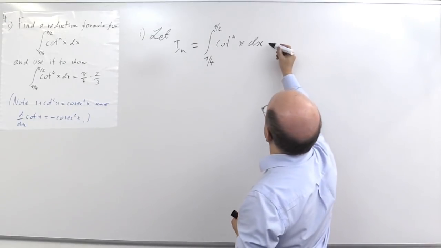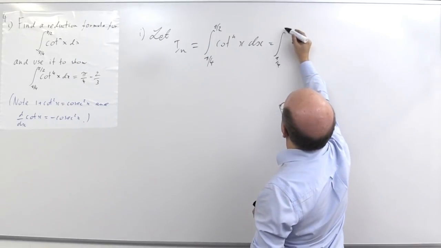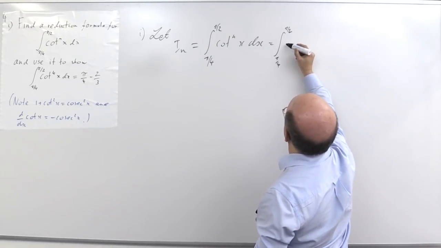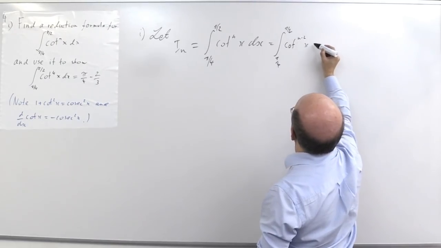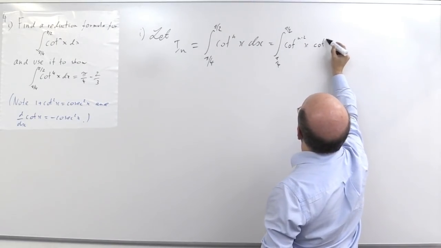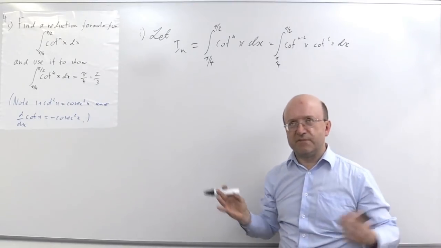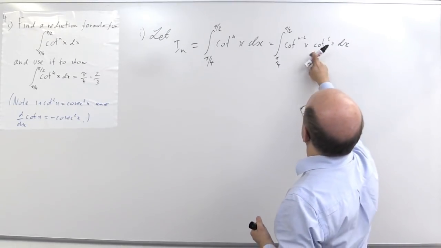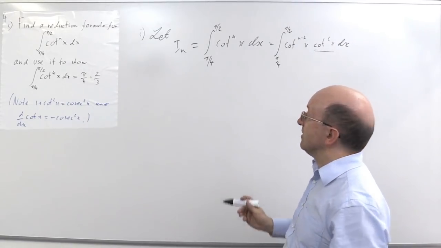Let's say I'm going to split this up: integral from pi on 4 to pi on 2, cot to the n minus 2 x times cot squared x dx. You might feel like missing this step out, doesn't matter too much. I replace this cot squared here with cosec squared minus 1.